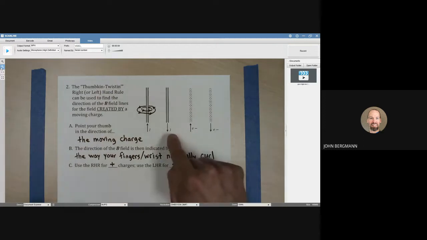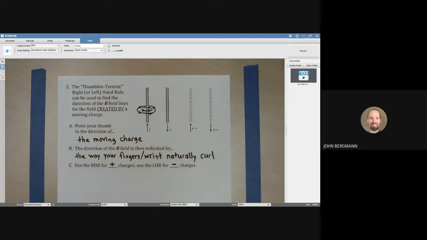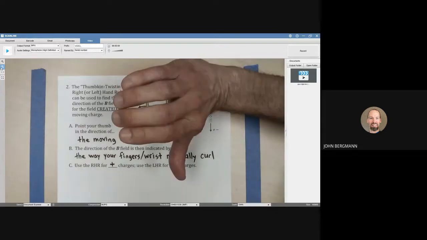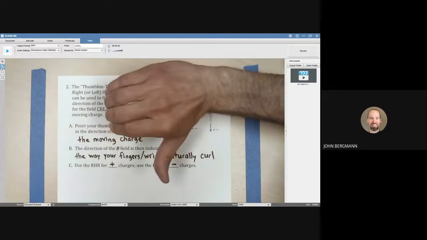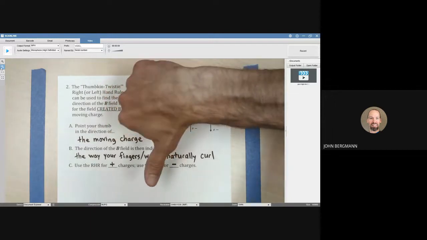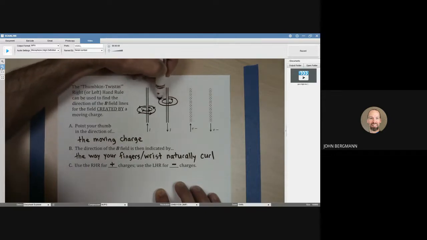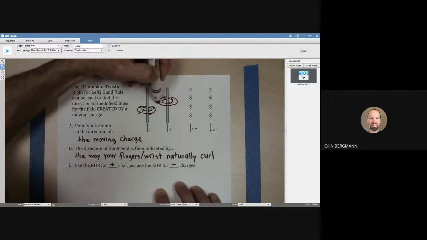If the positive charge is going in that direction, once again, we use our right-hand rule. I'll use my real thumb for a second. We're going to point that down, and then you can see on the left, we're going into the page now, and then on the right, we're coming out. I'm only drawing a couple of field lines here, because obviously we don't have space to draw all of them.